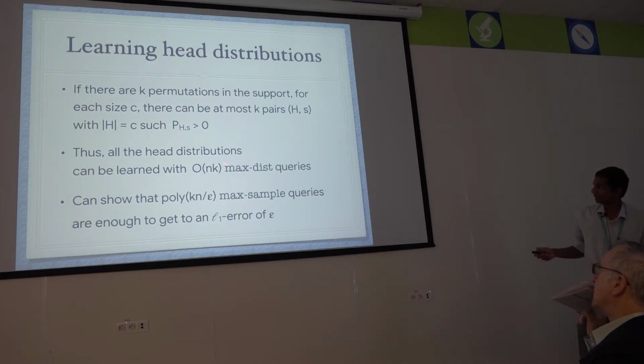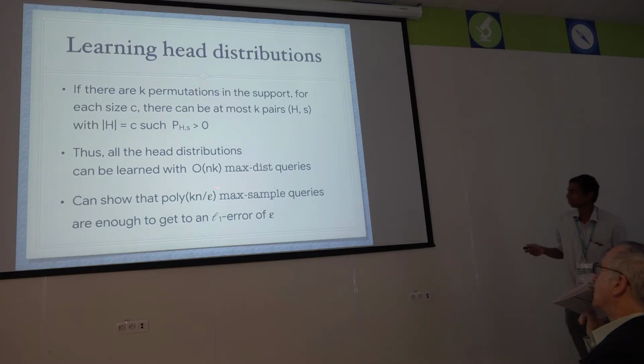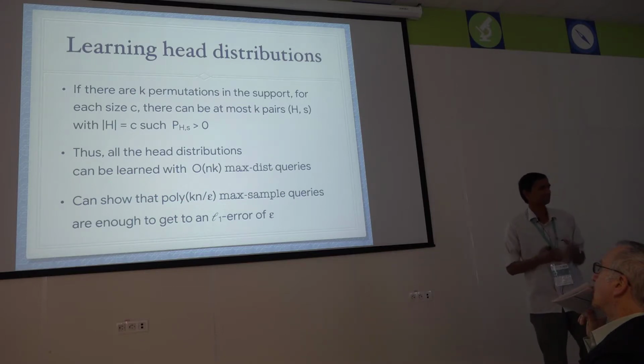Okay. So as I said earlier, we can learn all the head distributions using nk max dist queries, and if you want to go to the max sample, the more realistic practical queries, then you lose slightly more factors, but they are still reasonable.